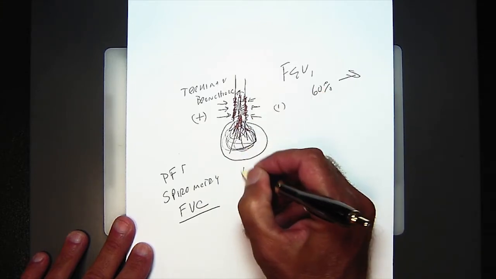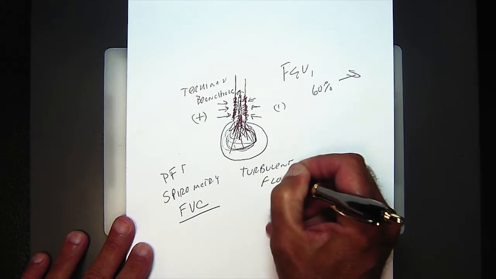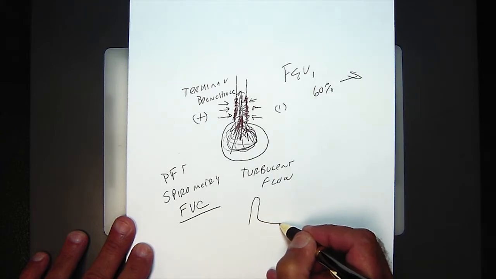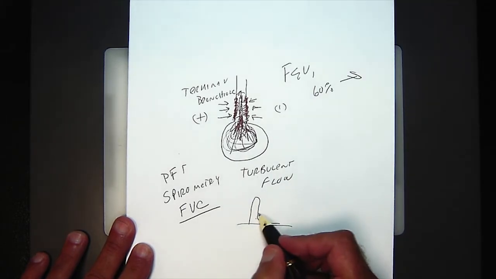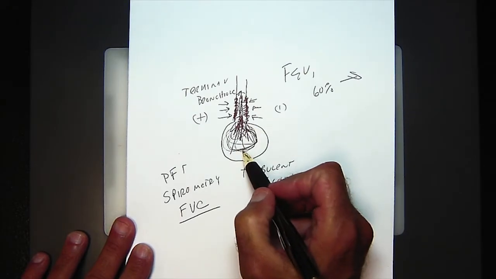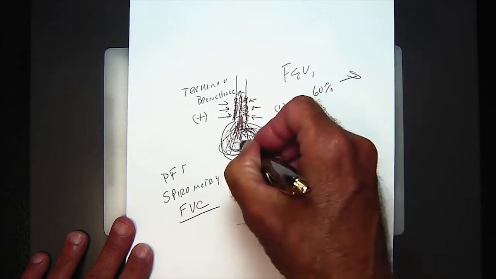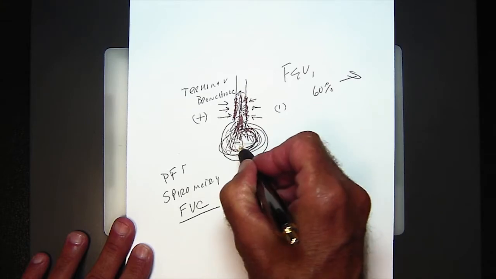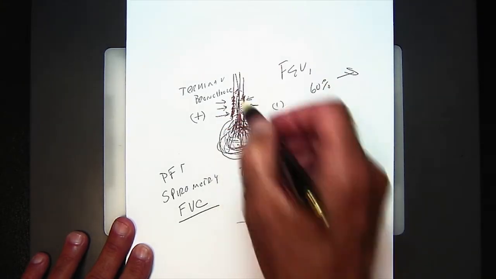So this becomes turbulent flow. Therefore, you see that flow rate quickly drop off to that dogleg pattern because they can't get that flow out. Eventually, if you give them enough time, they're able to get all of this volume out. It may be even greater than 6 seconds, but they're able to get it all out.